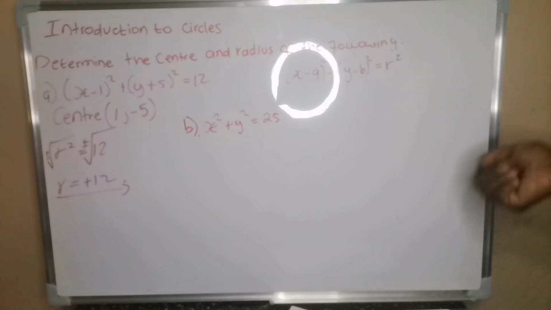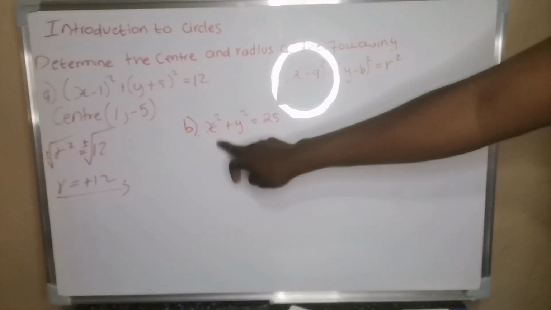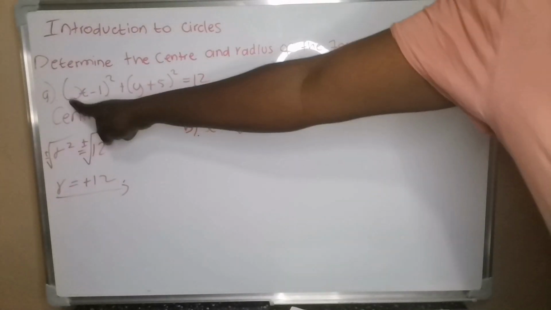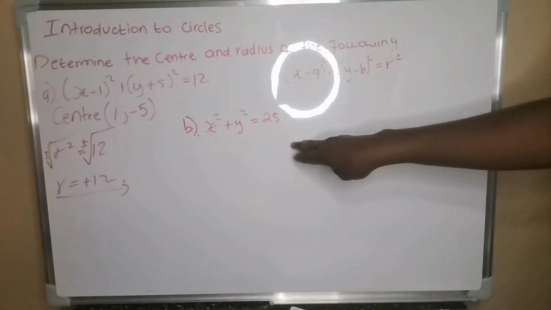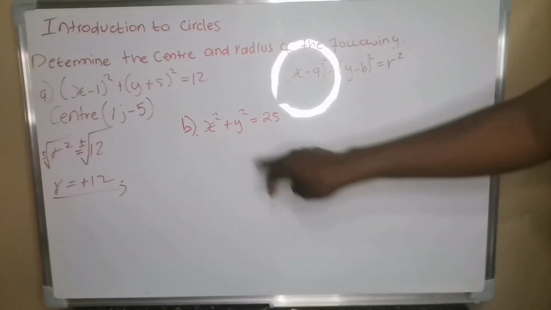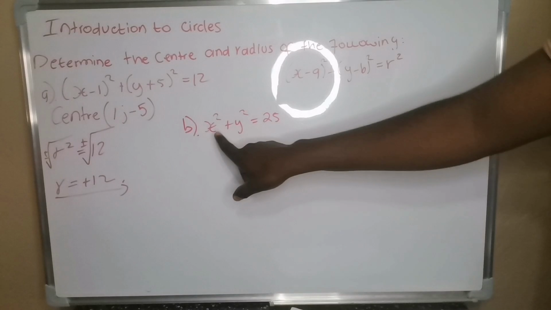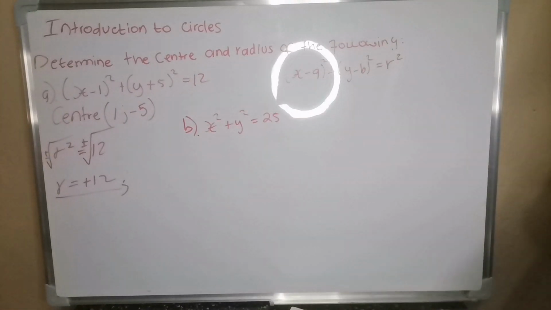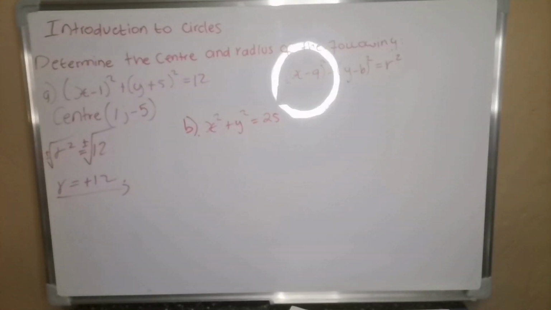If you do not have something similar to this here, that means the coordinates of our center are at the origin. If you only have x squared or y squared, it means the coordinates of our center are at the origin.